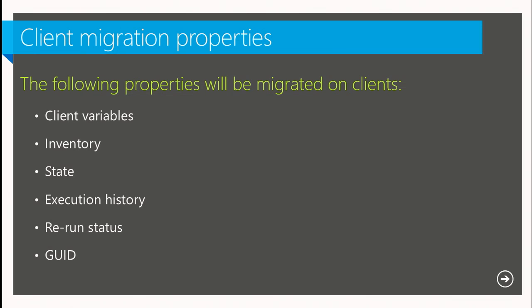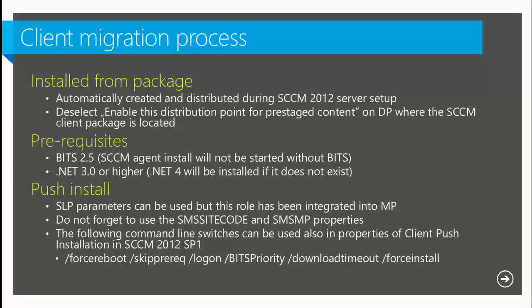It will use the same state, the same execution history, the same rerun status, and the same GUID information, which is very useful when I have a specific report or a specific query based on some of the information listed in this slide.